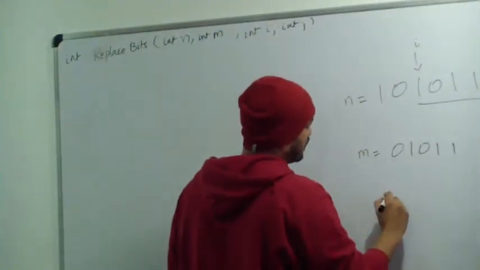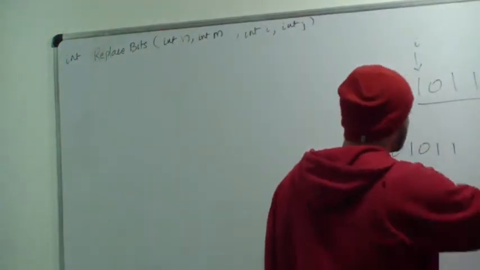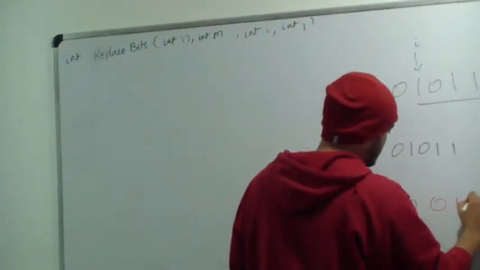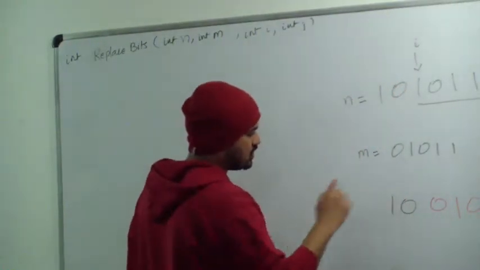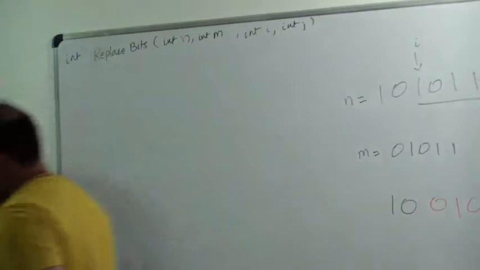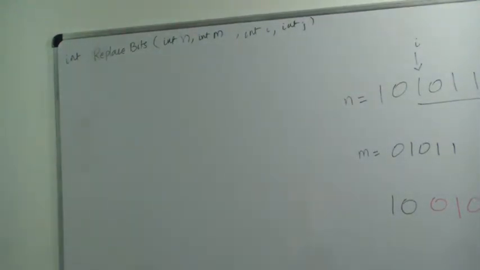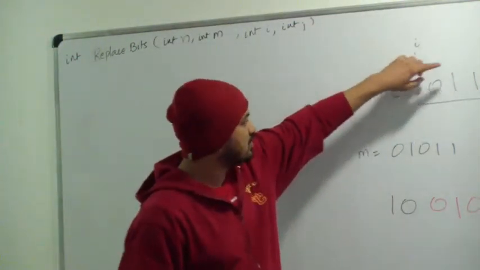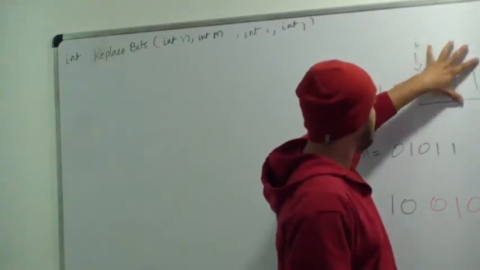So now your value will look something like, this is the same, and this middle part changes to 0 1 0 1. Two problems together. MSB to position you are maintaining, position to LSB you are maintaining, rest you are replacing.